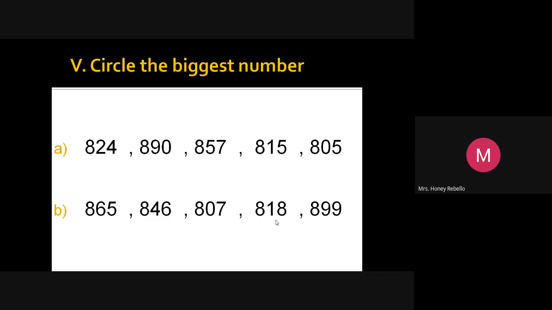Now those who can copy, you can copy the first row numbers. 824, 890, 857, 815. Copy the same numbers. Others, no need to shout. It will be always there. 805.